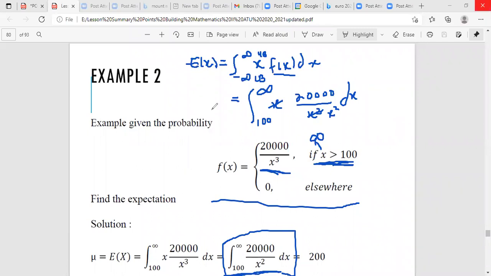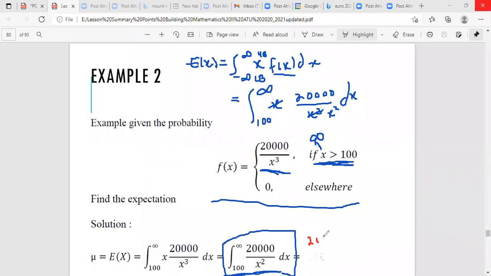From this form, I also want to expand it further before you get the final answer. We can bring our 20,000 out.